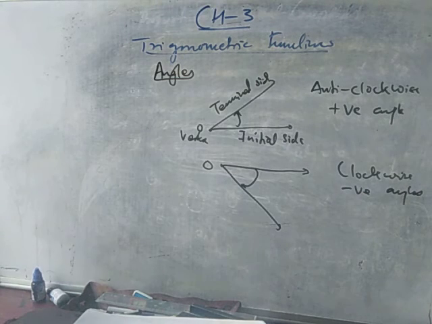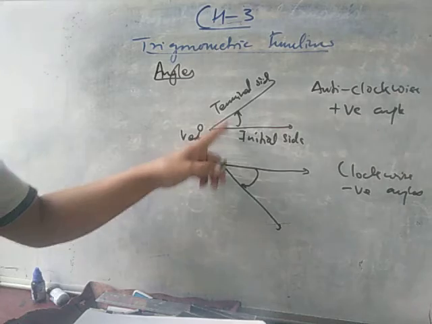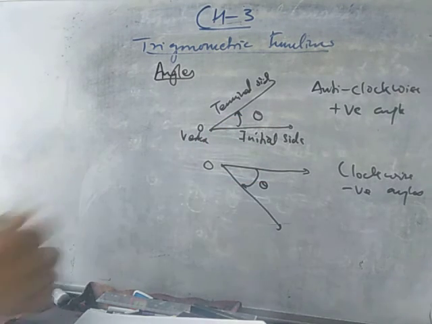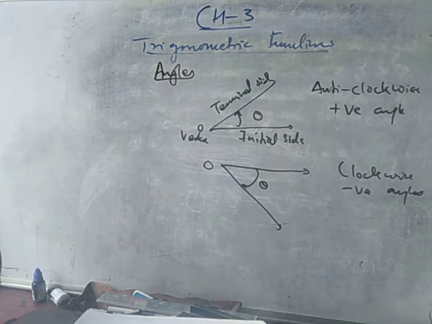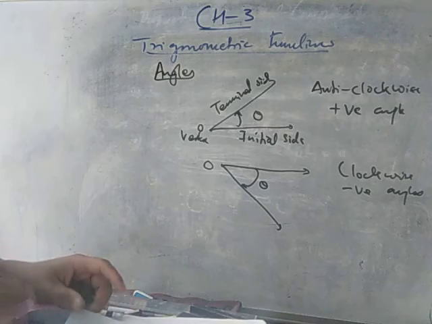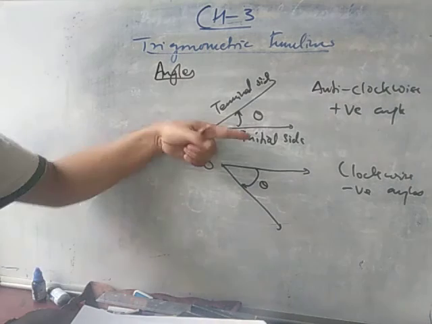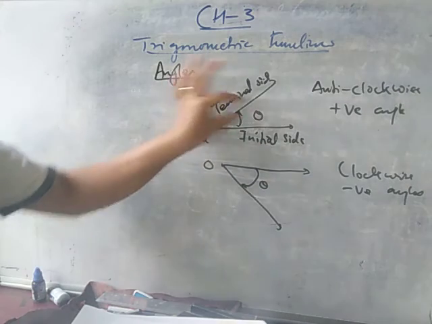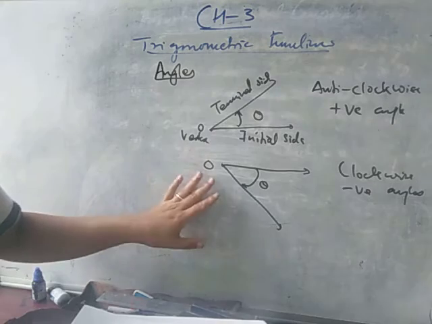Clear? So these are called arms, this is the angle, angle theta, okay? And this is your initial side and final side, so you have to turn, otherwise you'll not get the angle measure, okay?